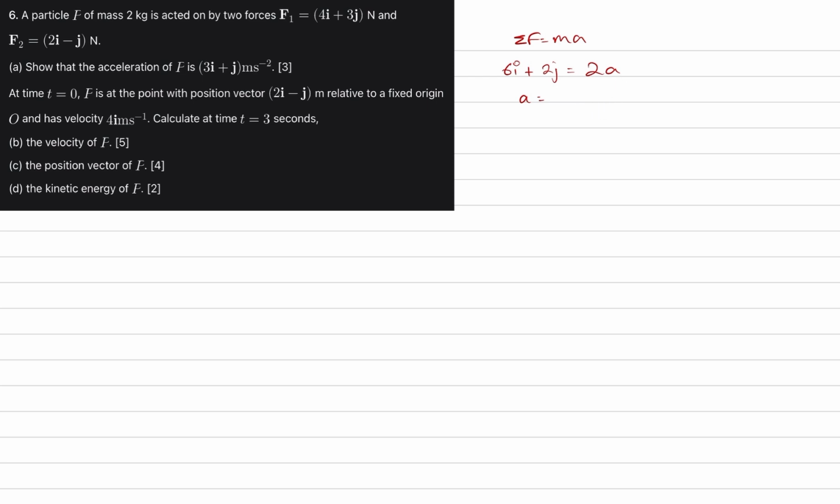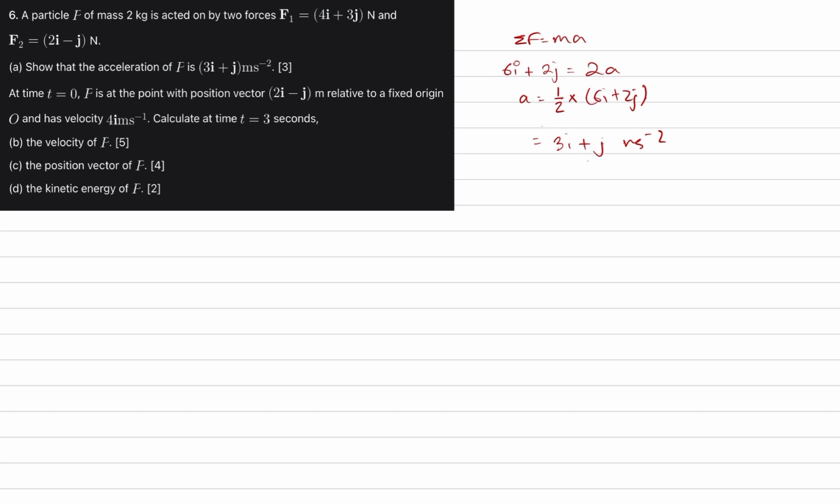So instead, what I like to do is multiply by half instead of dividing by 2. It's the same thing. So half of 6i plus 2j, and I only do this when we have vectors. This becomes 3i plus j. There you go. We showed that the acceleration is this.